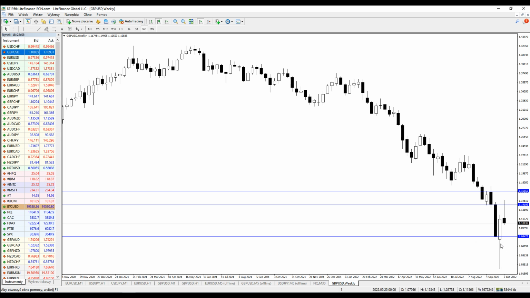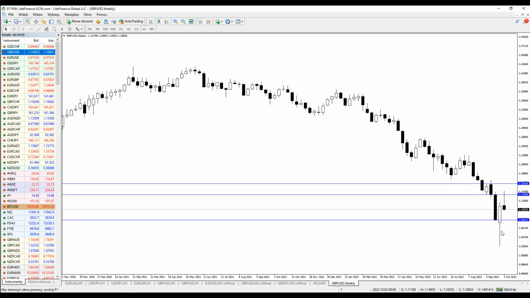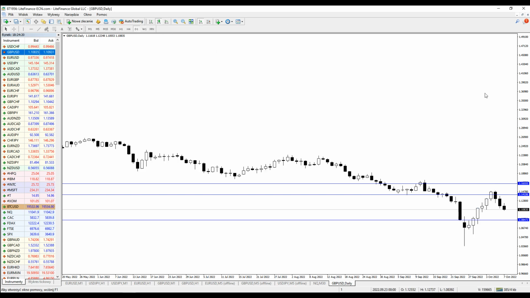And then trying to move lower and taking out the low, the crash after the weekend, right? If that low is going to be taken out, then parity over here is the name of the game. So let's have a look at the daily chart.